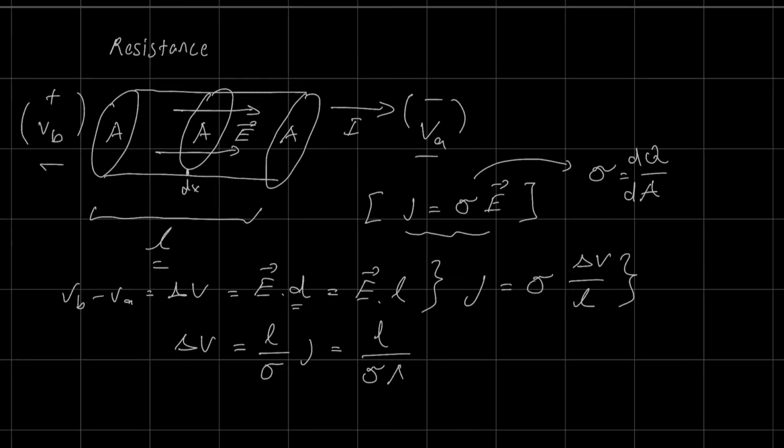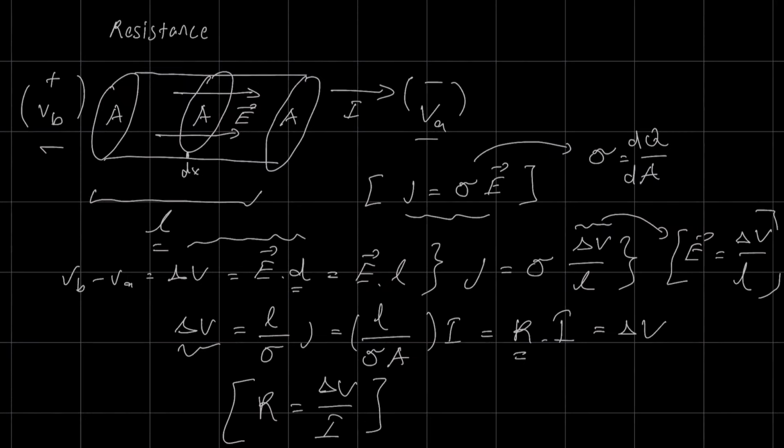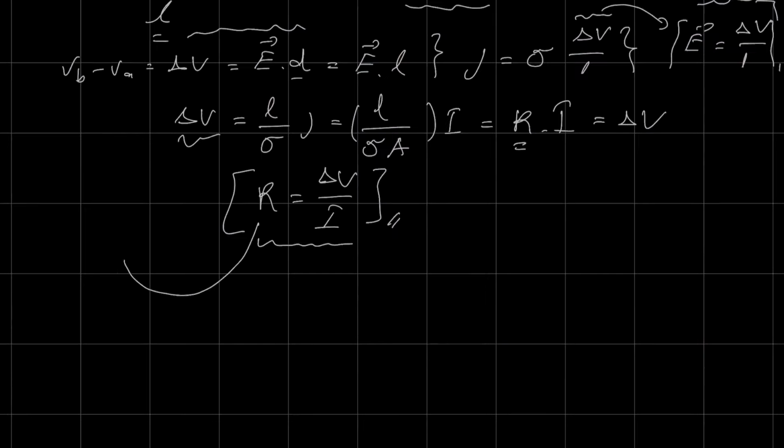This clearly demonstrates that the potential difference across a conductor is proportional to the current flowing through it, which is the essence of resistance. In fact, this relationship is written as voltage V is equal to resistance R multiplied by current I. The SI unit of resistance is the ohm, and 1 ohm is defined as 1 volt per ampere.